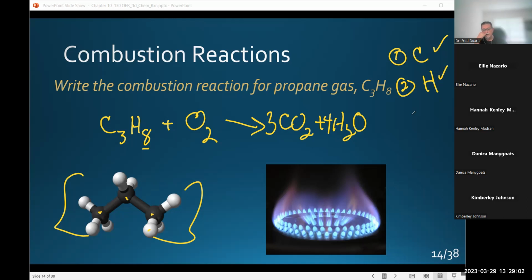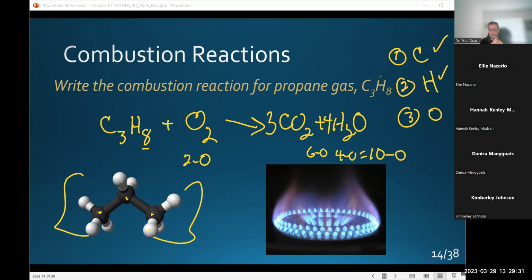And then finally, we balance the oxygens. On the reactant side, we only got 2 oxygens. On the product side, we have 6 oxygens coming from carbon dioxide and 4 in the form of water, a total of 10 oxygens. So don't forget to count everybody, okay?